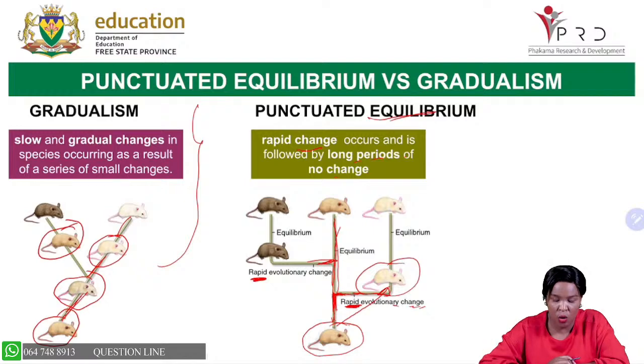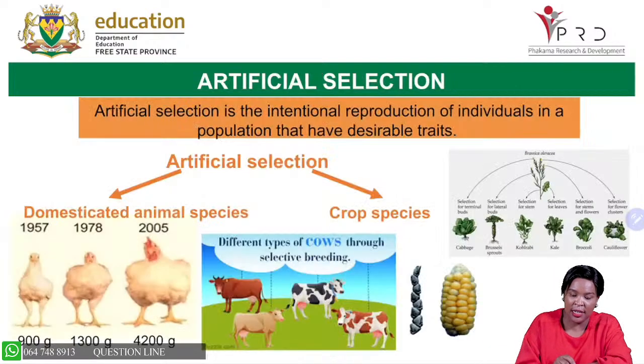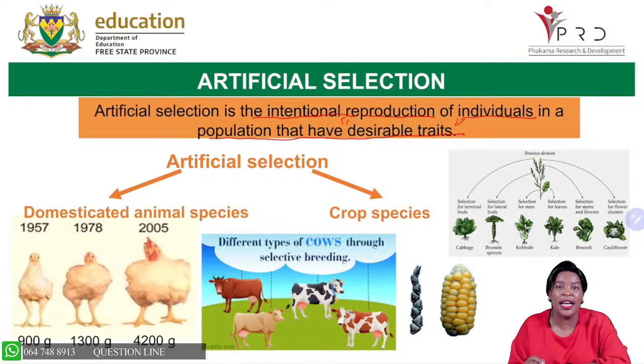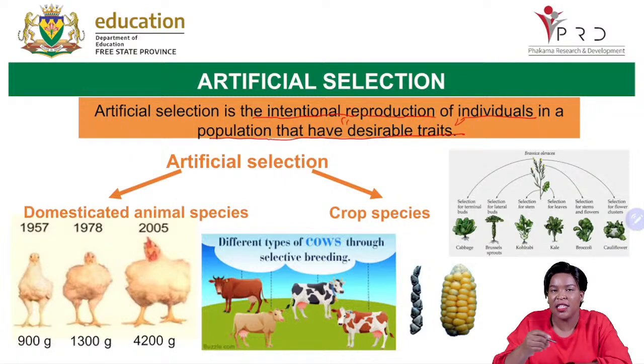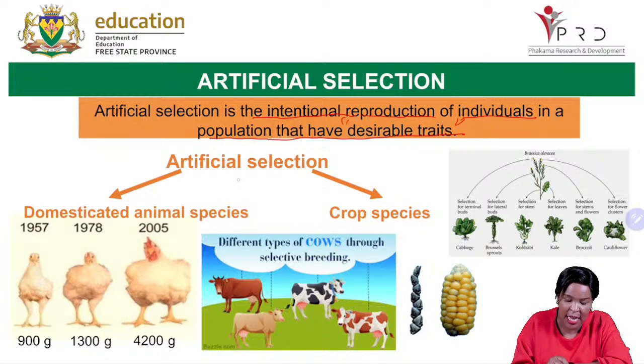Then you also need to know artificial selection. What is artificial selection? Artificial selection is the intentional reproduction of individuals in a population that have desirable traits. So the human here is the selective force. You select the trait that you want to reproduce, then you just reproduce that to give you those desirable traits. So it happens mostly in agriculture. You see the crops, the cows.